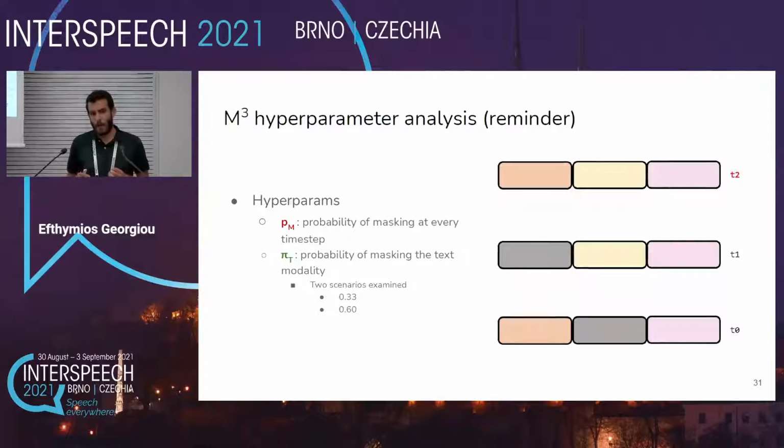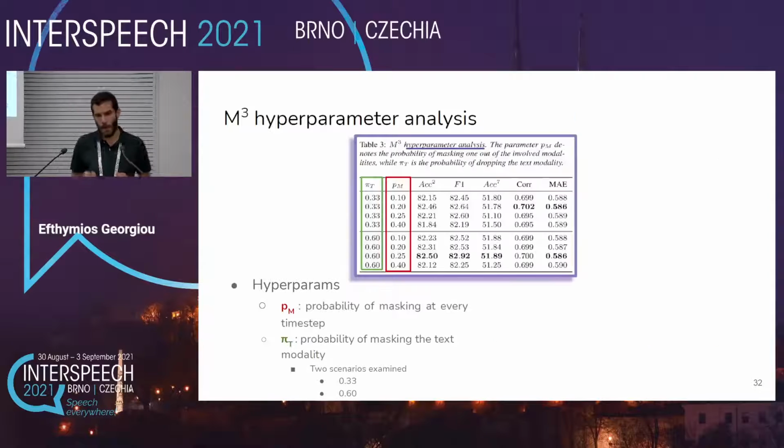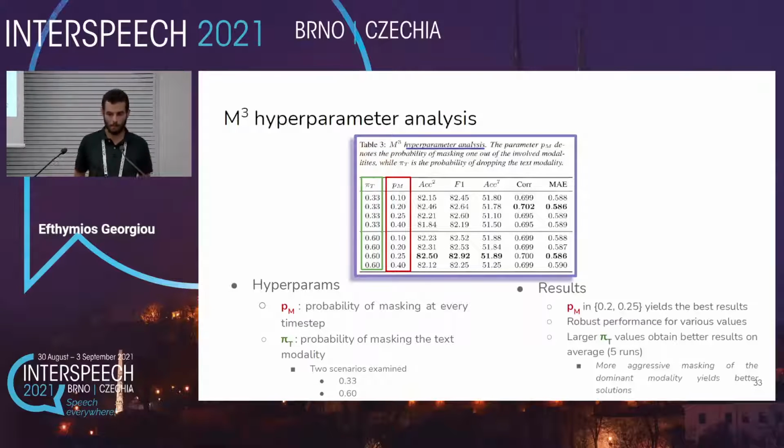We remind you that the probability of masking the text modality is denoted as pi with index capital T, and the probability of masking at every time step as P with index capital M. Our results can be seen in this table. We used 4 different values for the probability of masking at every time step.